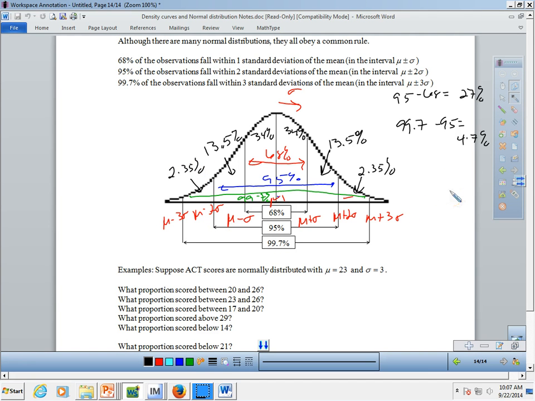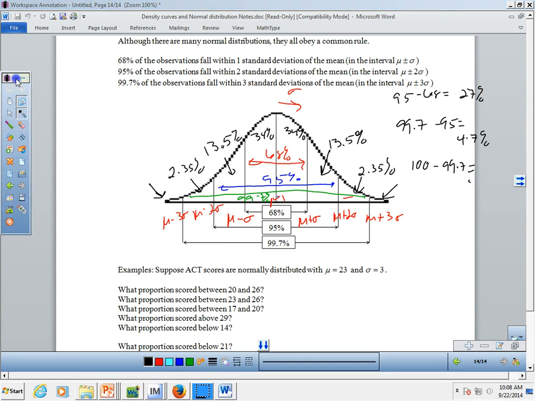Okay? All right. Last but not least, we can talk about what proportion of individuals are out in these tails each, right? Well, the entire curve is 100%. We know that within 3 standard deviations, there's 99.7%, so that difference is 0.3%.